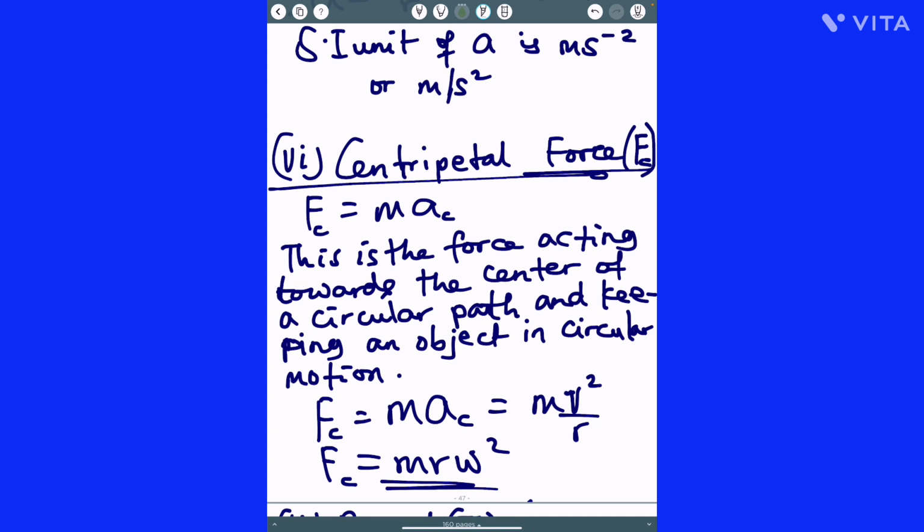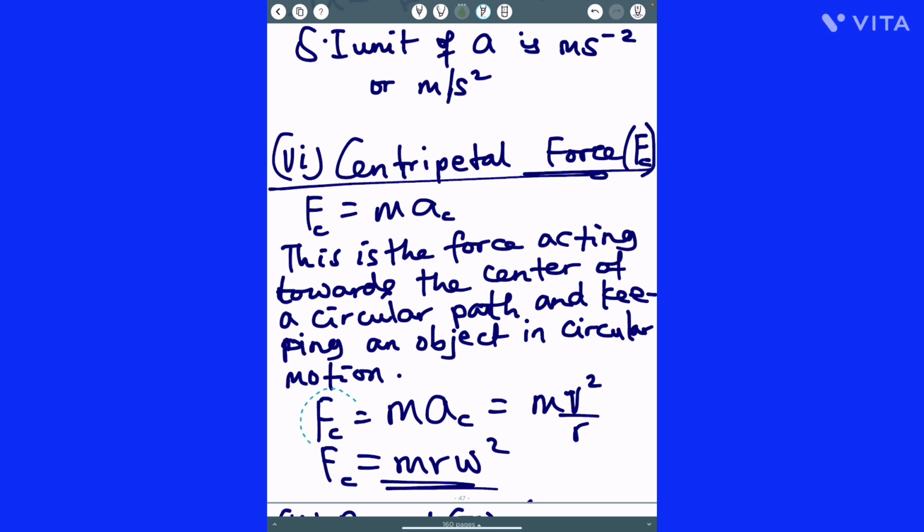SI unit of A is meters per second square, M per second square. Centripetal force. This is the force acting towards the center of a circular path and keeping an object in circular motion.